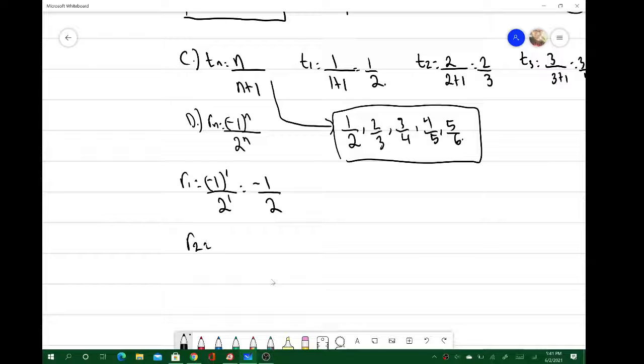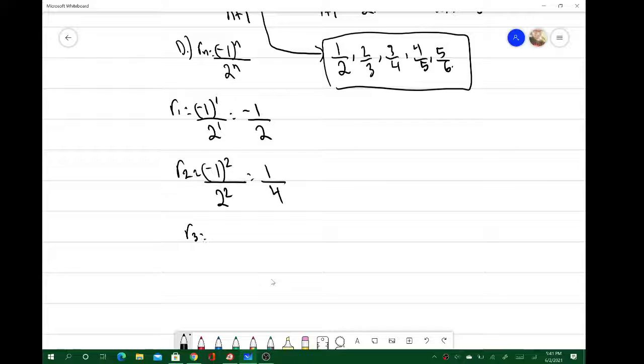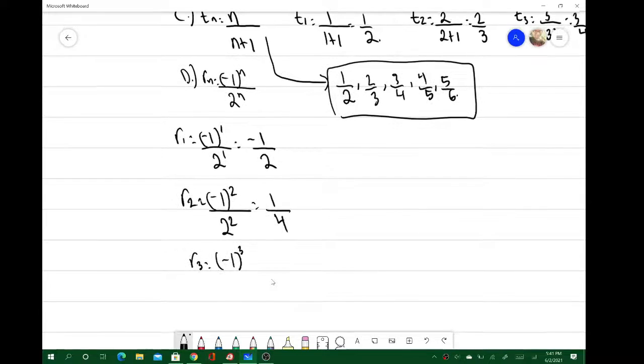R sub 2 is going to be -1 quantity squared over 2 squared. That's 1 over 4. R sub 3 is -1 to the third power over 2 to the third power, which is just -1 over 8.